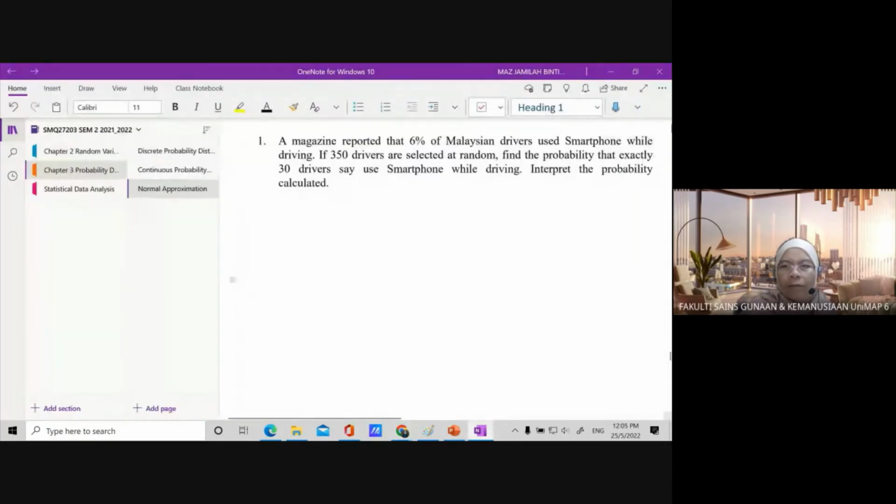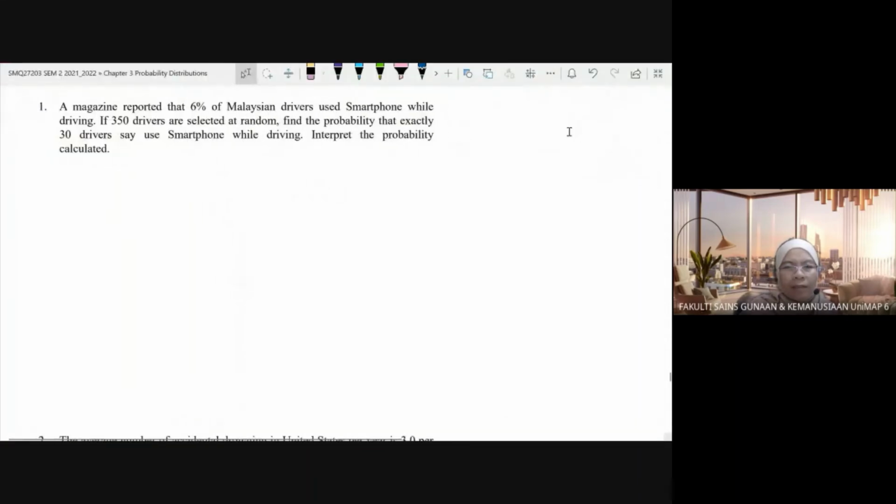Okay, so let's check what are the given information. Since we have the probability and we have the number of trials, we know that this is reflecting the binomial distribution. So what is the x defined here? X is equal to the number of successes.